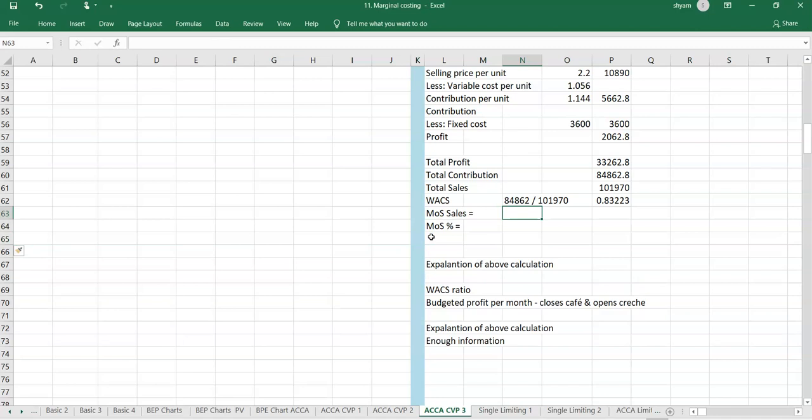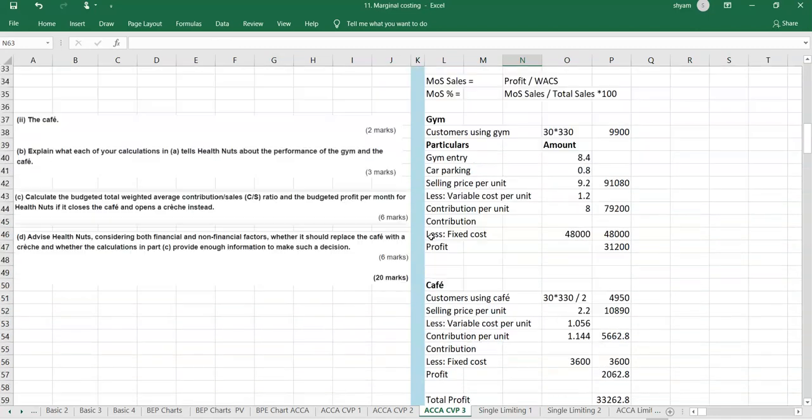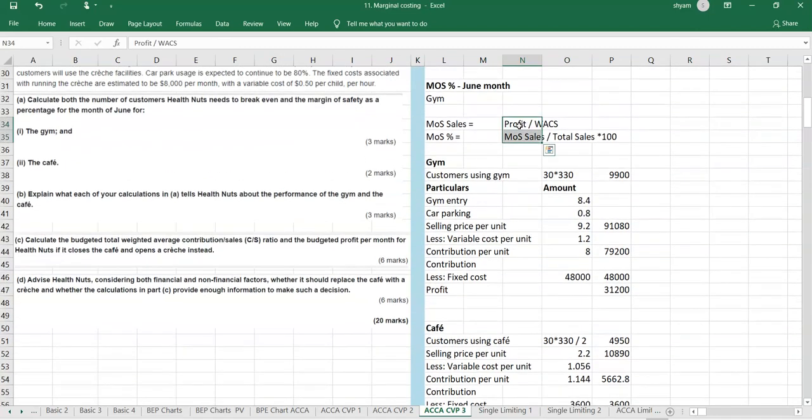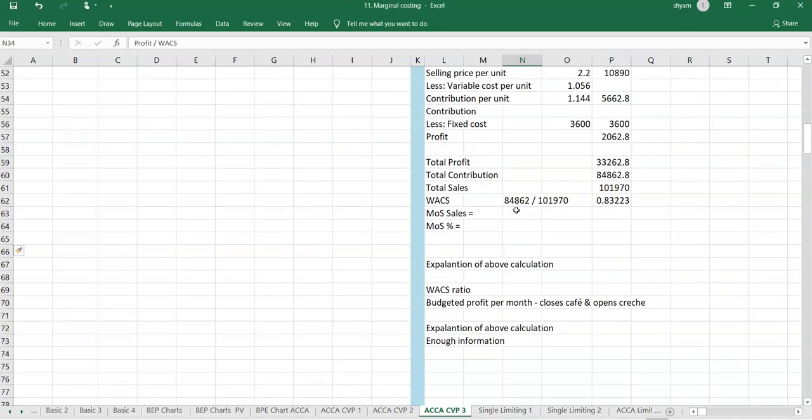So MOS sales would be, I think we didn't copy the formula. So profit would be the total profit. So total profit is this number divided by weighted average contribution sales ratio. So our MOS sales will be this number, right?